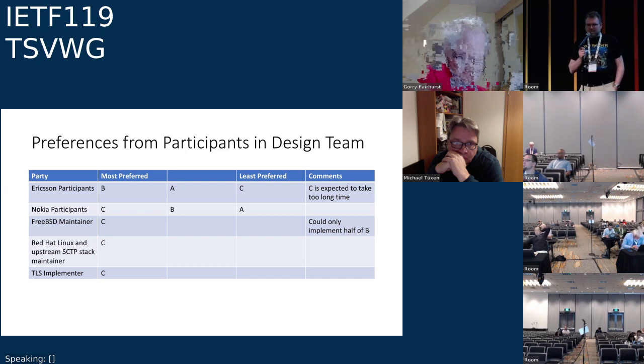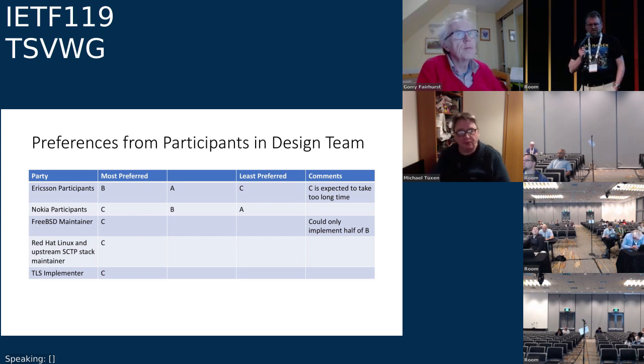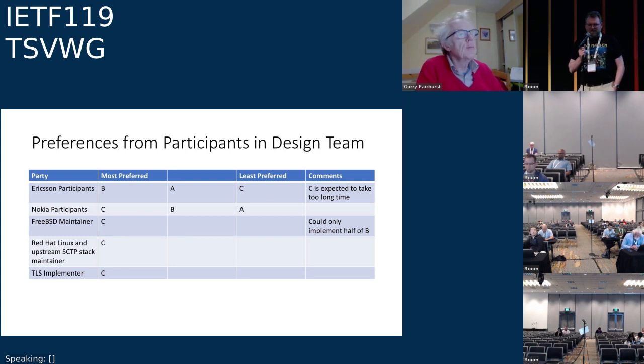Nokia expressed preference for C, and a slight preference of B over A. The FreeBSD maintainer just said it's C, not really any other preference, and we can comment that they would really only implement half of B. The same was expressed by Red Hat Linux and the upstream SCTP stack maintainer, and the TLS implementer also said C.